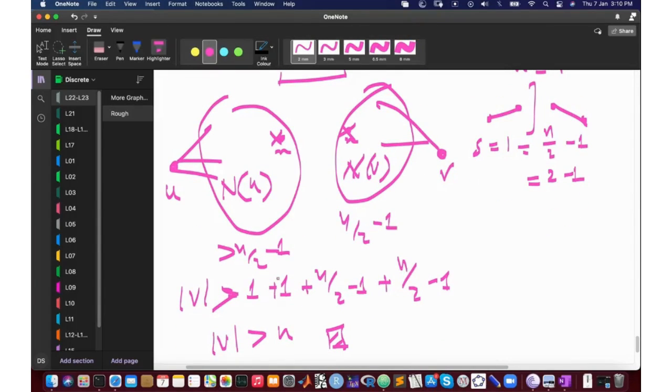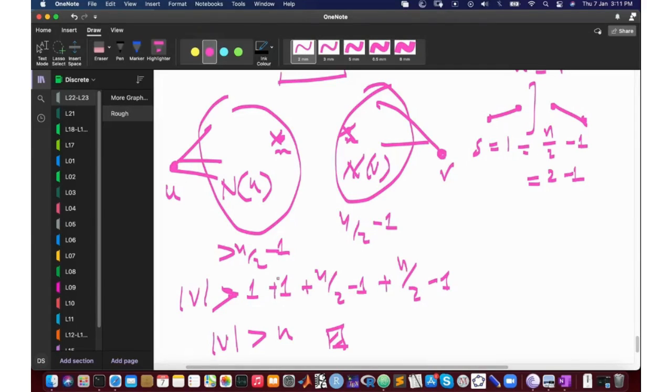There is u, there is v, and there are more than n over 2 minus 1 vertices in the neighborhood of u, and there are at least that many neighbors of v, which comes out to be something more than n, okay? But you can't have more than n vertices. There are exactly n vertices. This is the contradiction, which means there must be something in the neighborhoods of these two vertices common, okay?